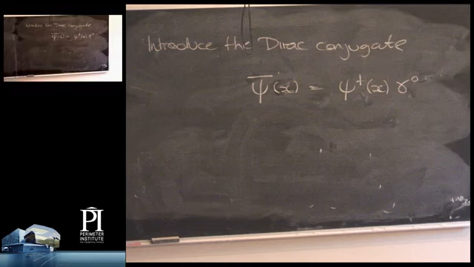It's going to be denoted with a bar instead of a dagger, and it's the same as the dagger, but you multiply by gamma 0.